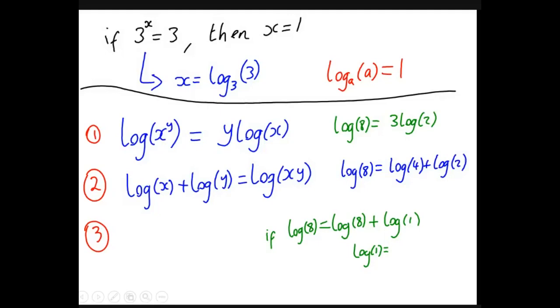Yeah. The only way that you can have something be the same as that same something plus something else is if that something else is 0. So another consequence of logs, again by definition, is that log to the base a, where a is anything, of 1 is always going to be 0. So you raise something to the power of 0 to get it equal to 1.